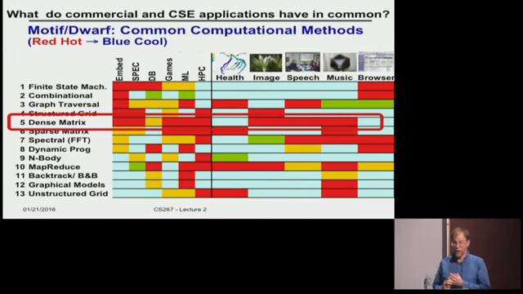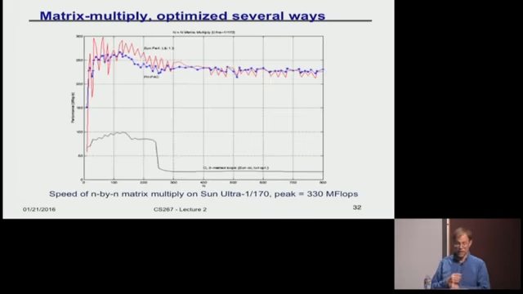So let me show you some performance data and then try to figure out where it comes from. And again, this is a little bit of an old machine. So this is the performance of matrix multiply. The horizontal axis is the matrix size, so 100 by 100, 200 by 200, up to 800 by 800. The vertical axis is megaflops per second, so up is good.